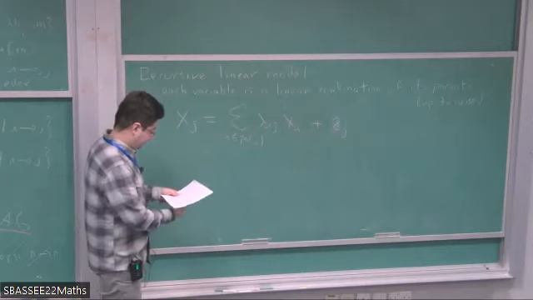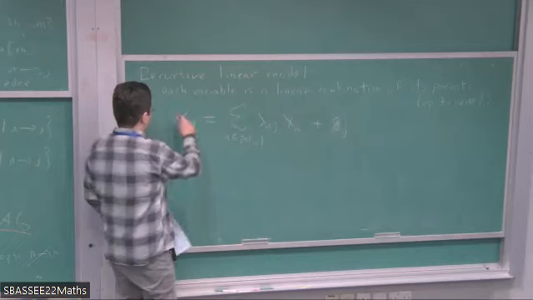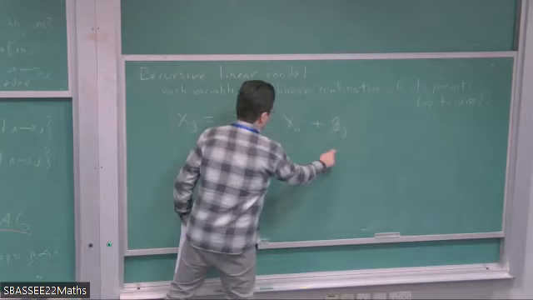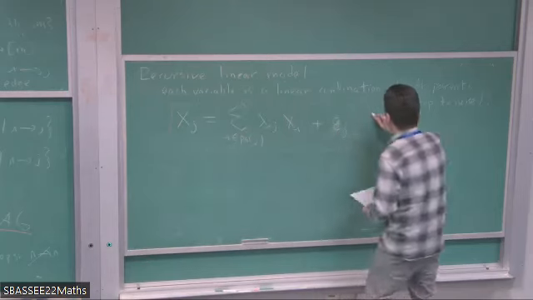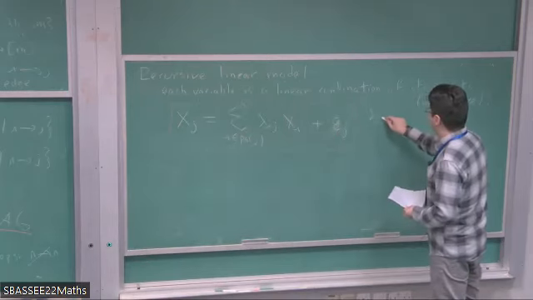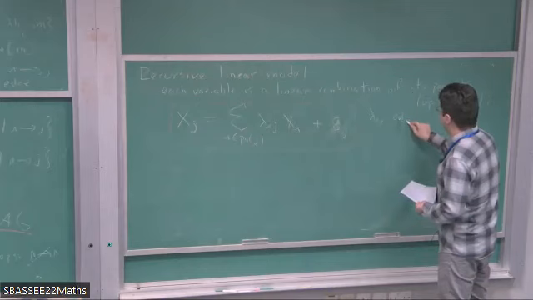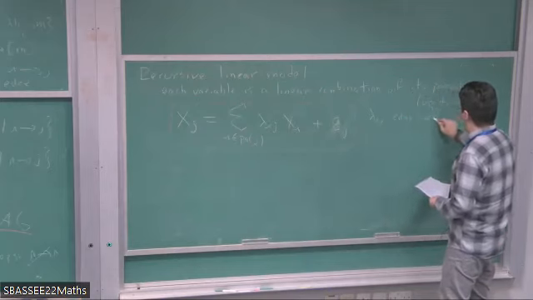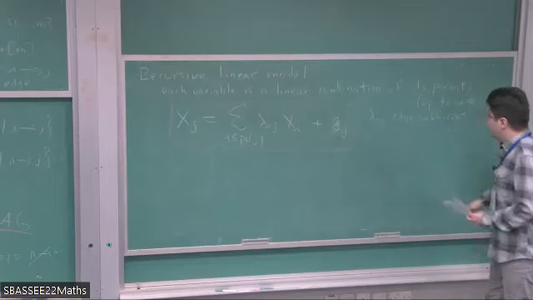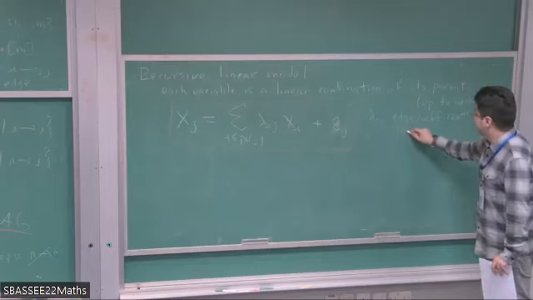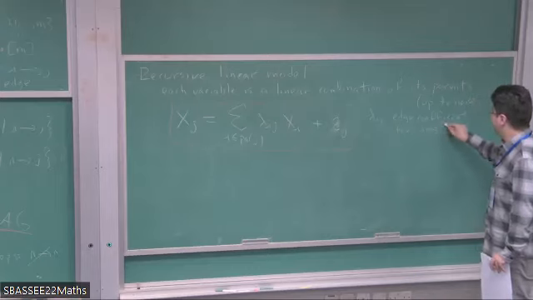So what is this? Lambda_ij is going to be an edge coefficient for the edge ij.